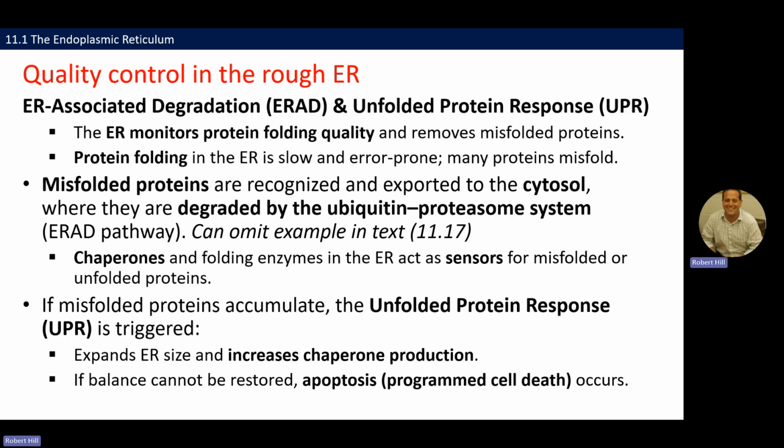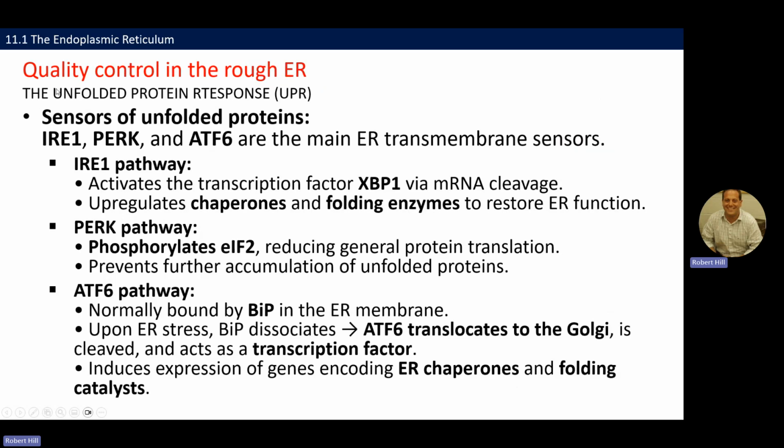It can also tell the cell to off itself, right? So it can initiate apoptosis through signaling mechanisms. Remember, apoptosis is programmed cell death, and it's an important component of tissue sculpting and also preventing cells from becoming cancerous and whatnot. So there are three very elegant sensors for the unfolded protein response.